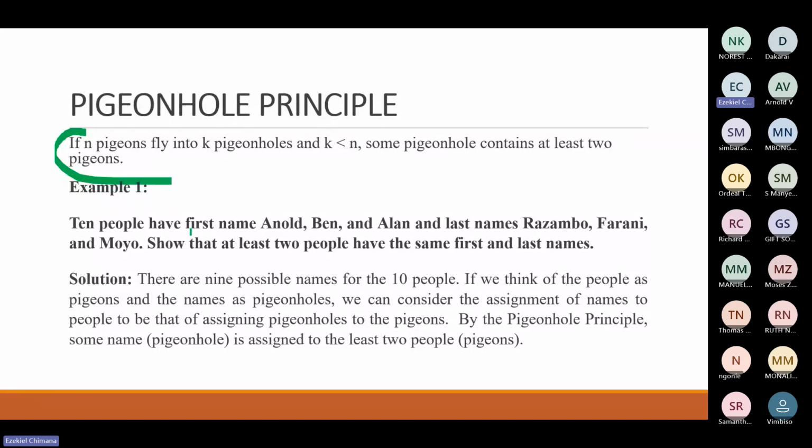This is just an example. For example, here 10 people have first names Arnold, Ben, and Alan, and last names Razambo, Farhan, and Moyo. Show that at least 2 people have the same first and last names. These are the kind of questions that will be asked in your exams. It's very simple and straightforward, but maybe it's just the technicality.